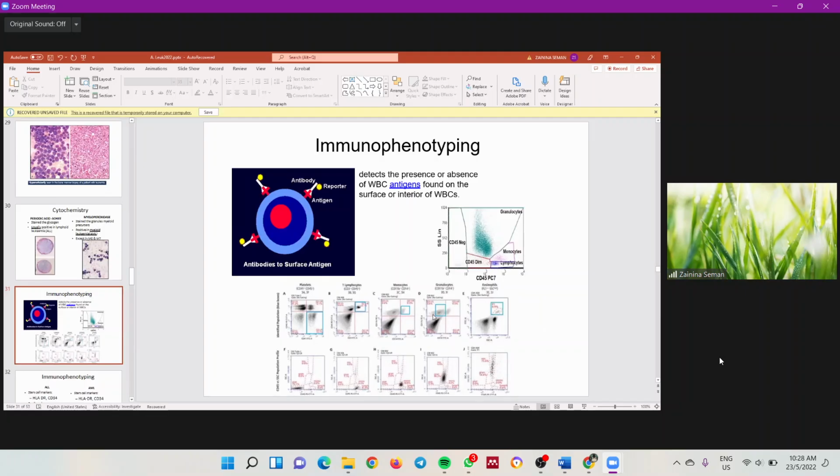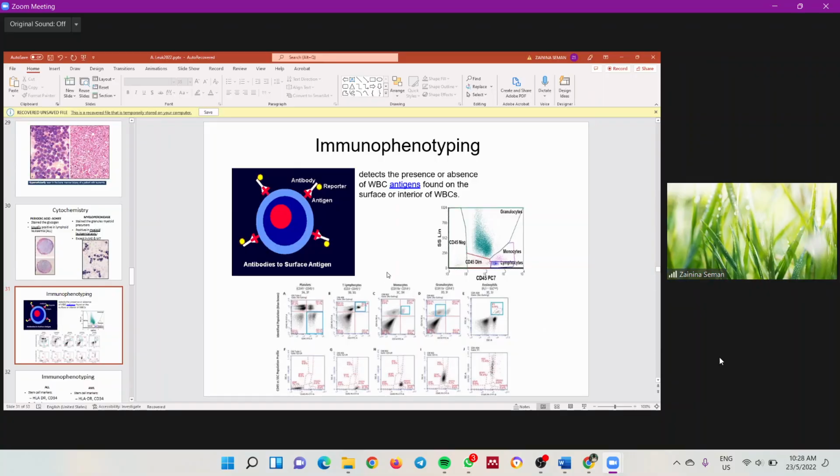And then the gold standard diagnostic test we use currently in any hospital is immunophenotyping. From the bone marrow blood, you don't know what type of leukemia the patient has, whether ALL or AML. So you see, these are the cells that carry the antigen, because your cells and my cells have surface antigens.